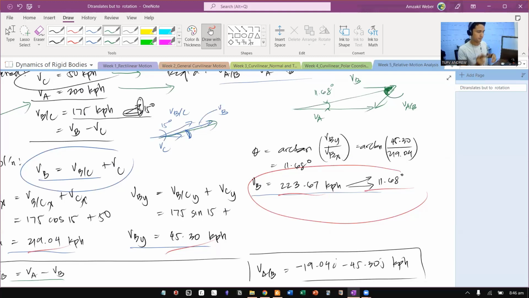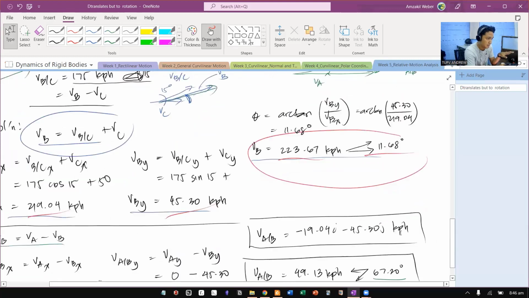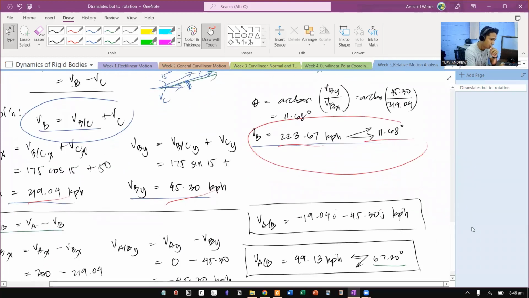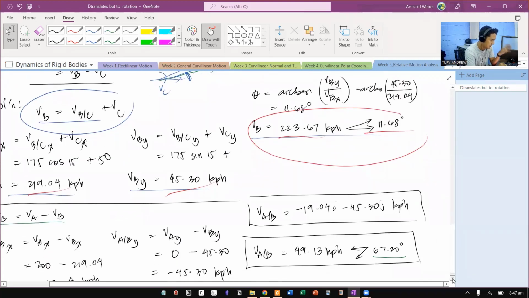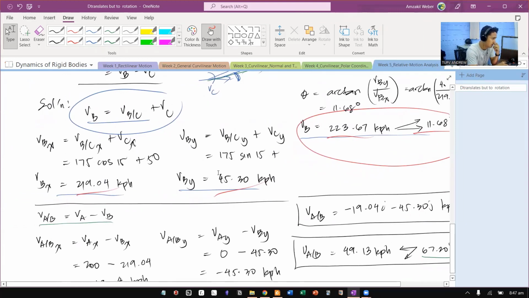As verified using another approach, the vector approach, the answers are indeed correct. Okay, so let's do it from the start, from VB. Let's do it vectorially.